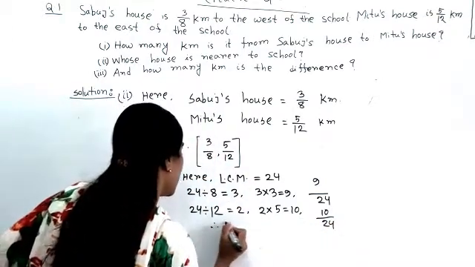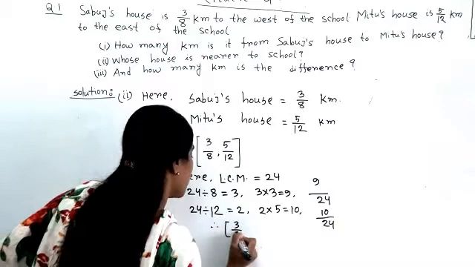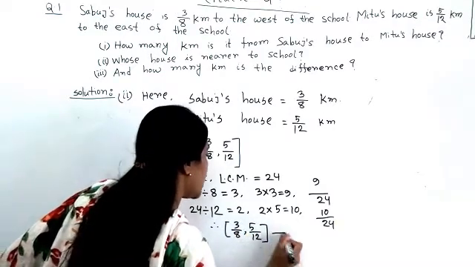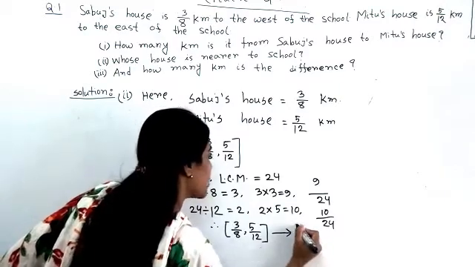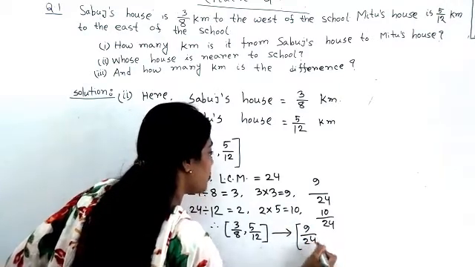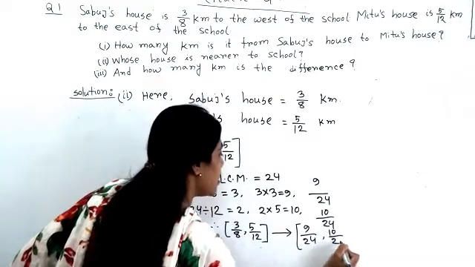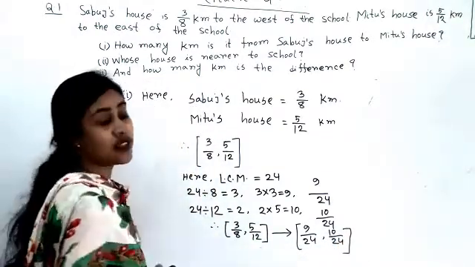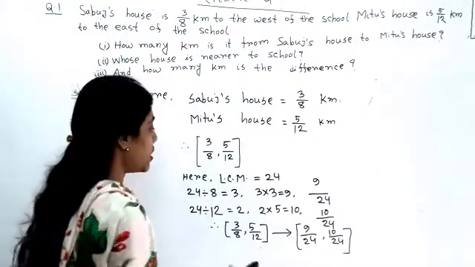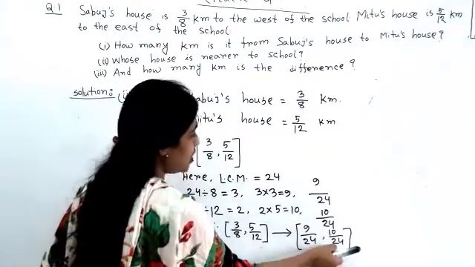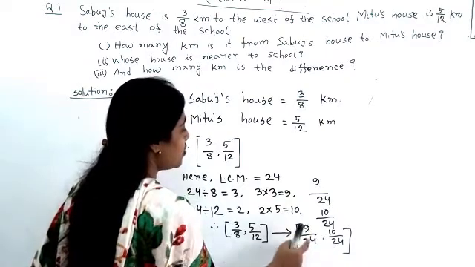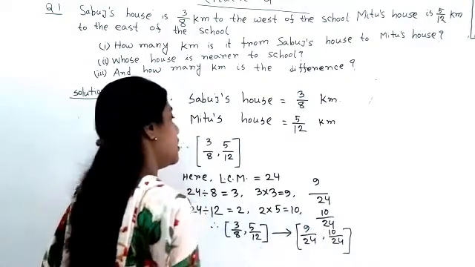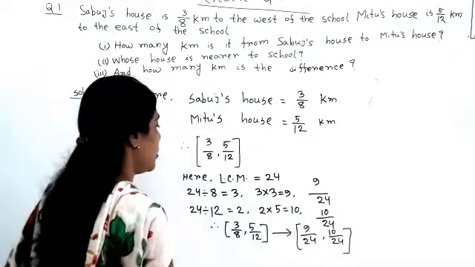So converting the fractions to the same denominator, I get the new fractions 9 divided by 24 and 10 divided by 24. From the previous class we learned that for the same denominator, the fraction with the smaller numerator is smaller.